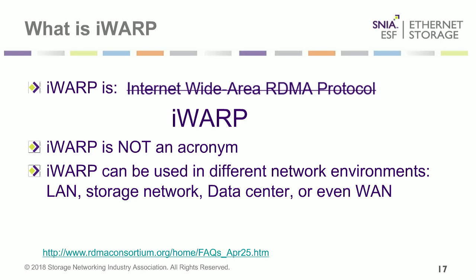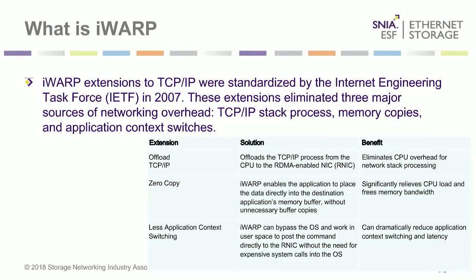The reason I'm putting it there is that iWARP can be used in a variety of network environments. It's not only for wide area networks, but can also be used in local area networks, storage networks, and also in data centers. Let's go a little deeper into iWARP.